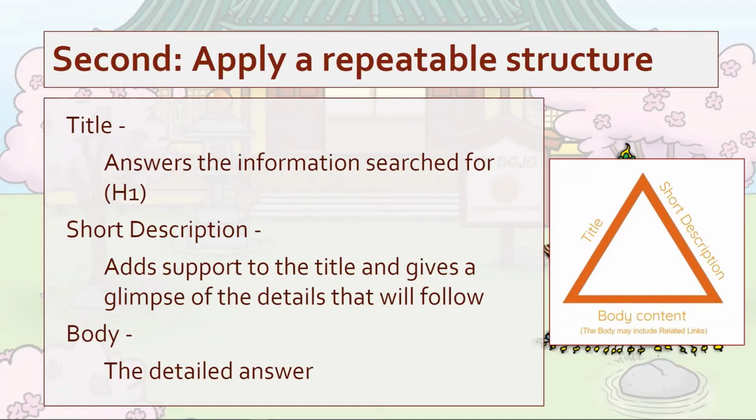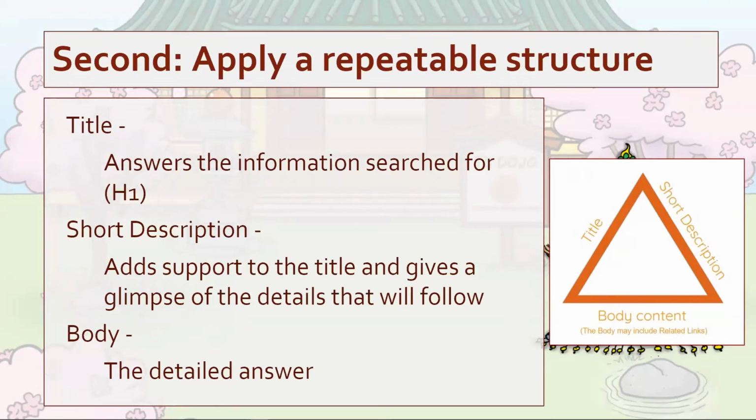The short description is the next discipline, and this is so important, and oftentimes many people miss this. But it's really important to give a short description. That short description ties to the title, which the title already answers. It doesn't repeat the title. You don't need to say the same thing over.